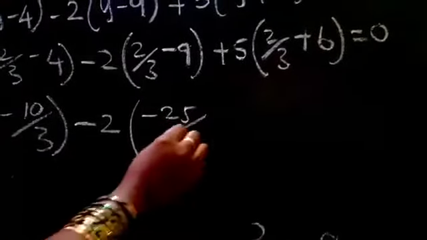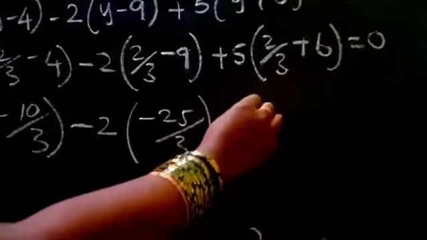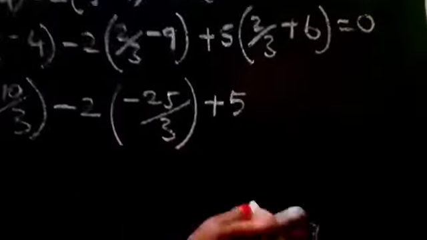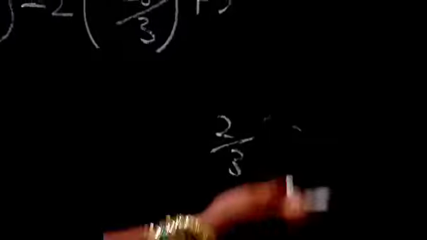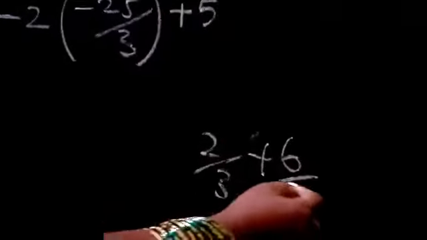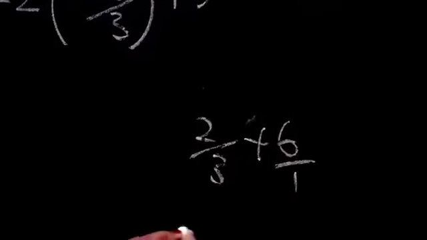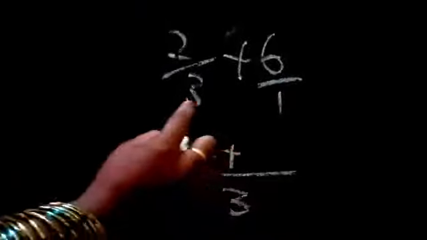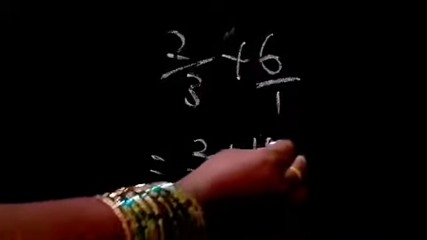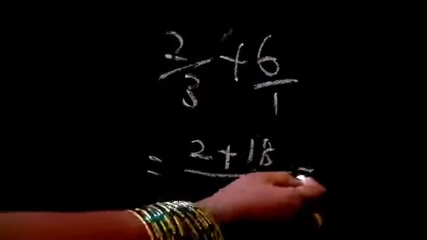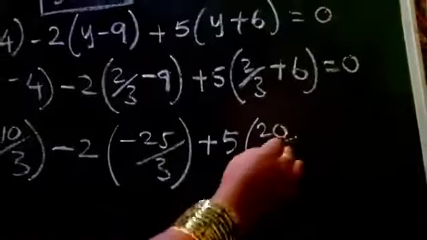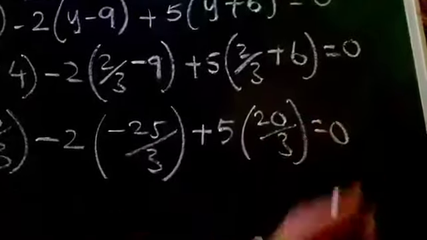Substitute minus 25 divided by 3 here. Then 2 by 3 plus 6, that is 6 divided by 1, LCM is 3. 1 two is 2, plus 3 sixes are 18. 18 plus 2 is 20 divided by 3. So we apply 20 divided by 3 here, equal to 0.